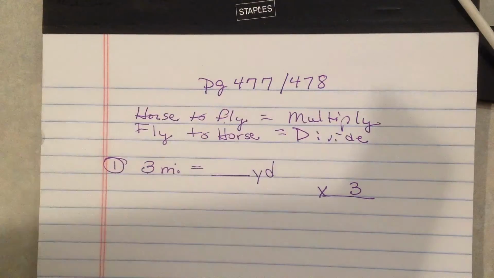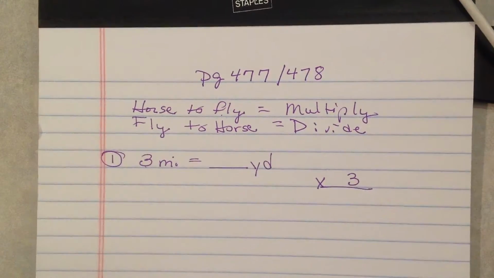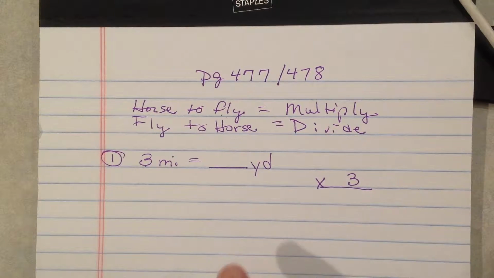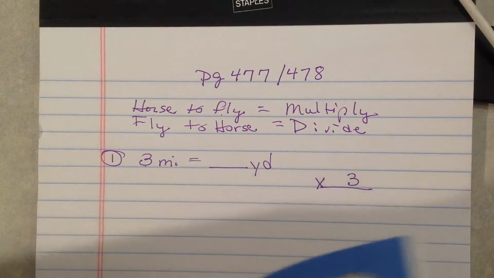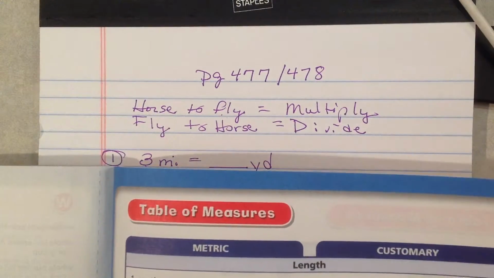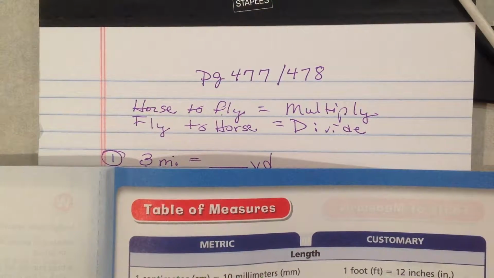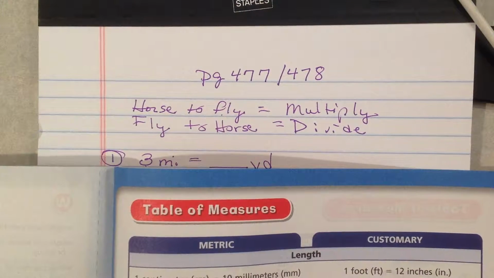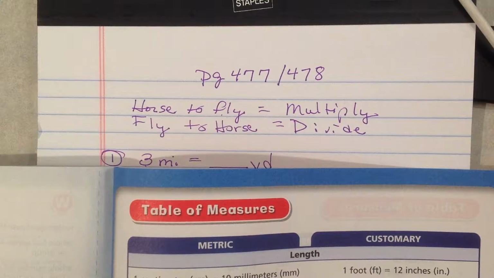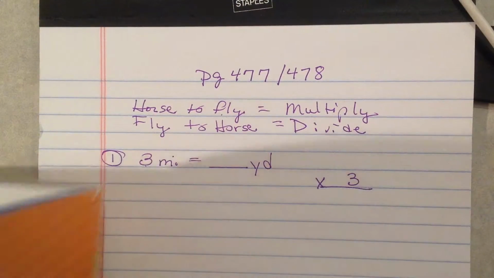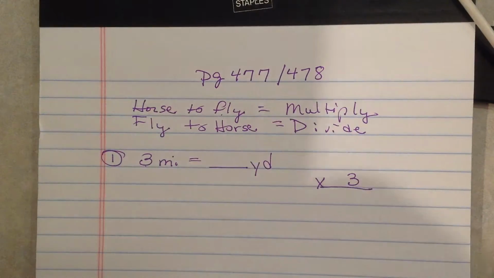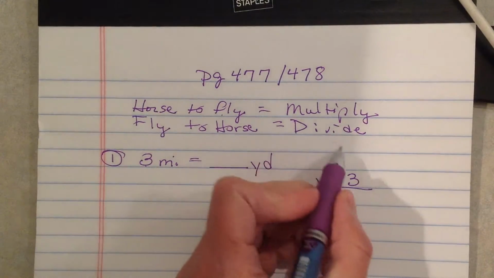It gives you what I call your conversion units. In other words, you figure out how many yards in 1 mile. In the chart, it says 1 mile equals 1,760 yards. That is what you're multiplying by, what I call your conversion unit.